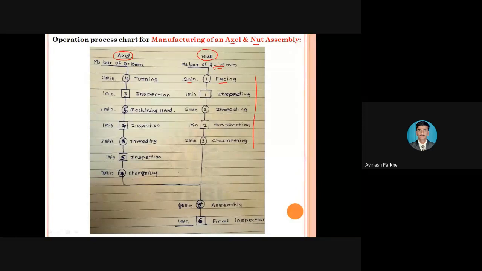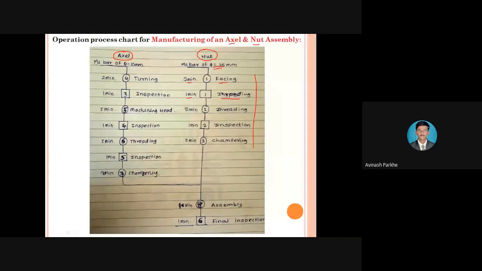At the right side, inspection is given. It is not required to give the detailed inspection, whether we are measuring by using a vernier or gauges. Only if I write inspection, it will be sufficient. How much time is required for the inspection? 1 minute. It is represented at the left side of the symbol.